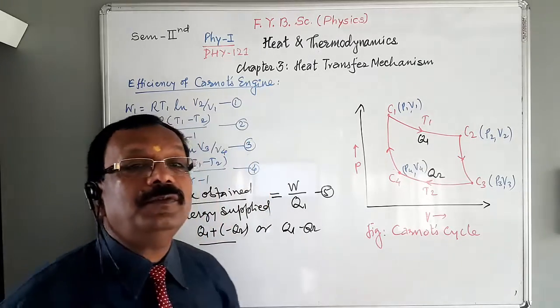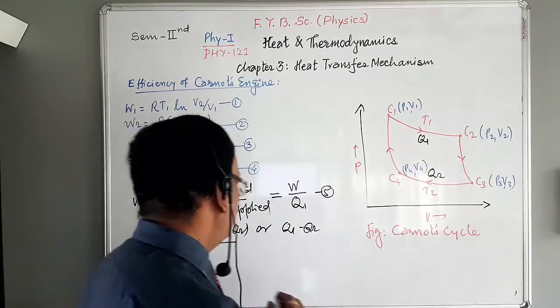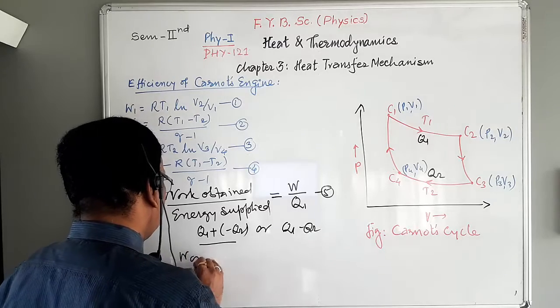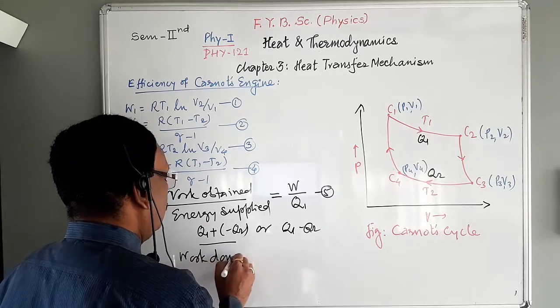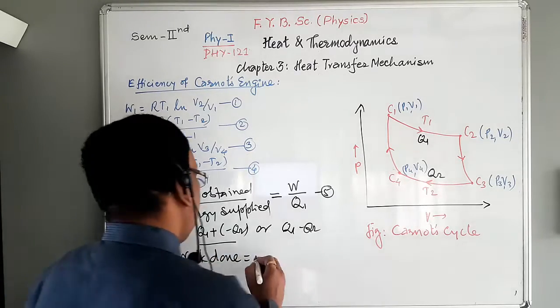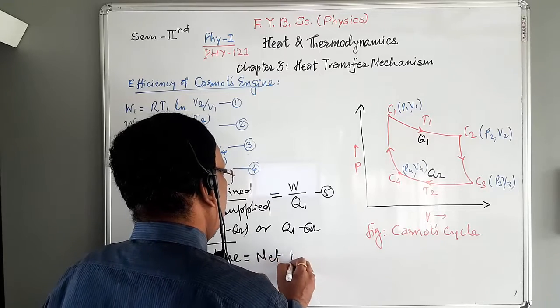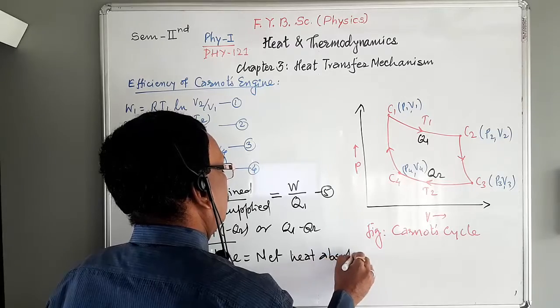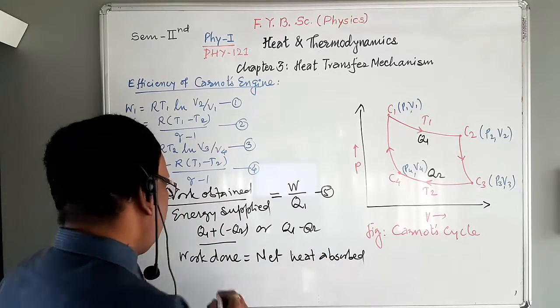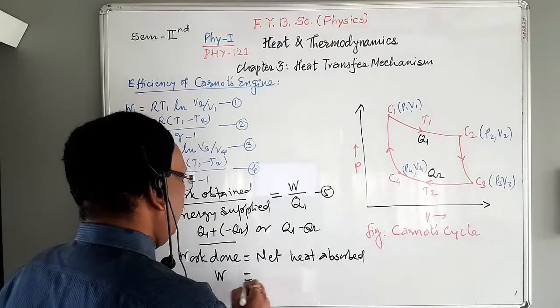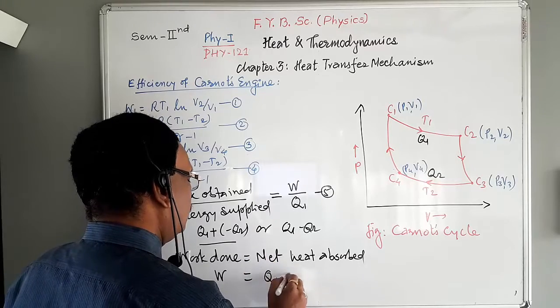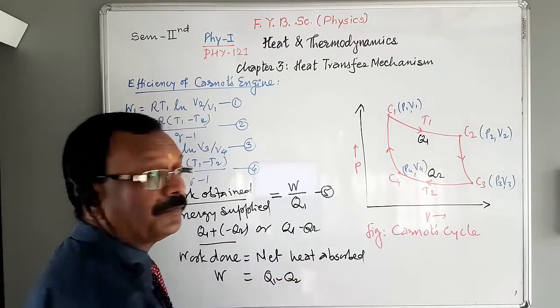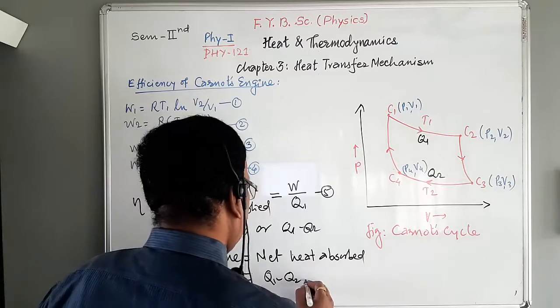Then according to first law of thermodynamics, work done is equal to what? Net heat absorbed. What is work done? Work done is W. Net heat absorbed is Q1 minus Q2. Okay. Suppose this is equation 6.